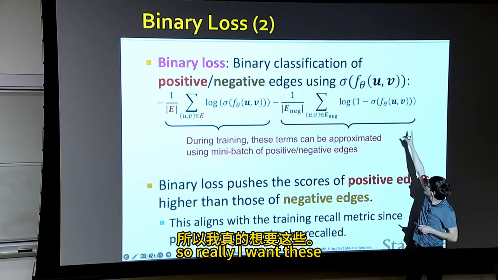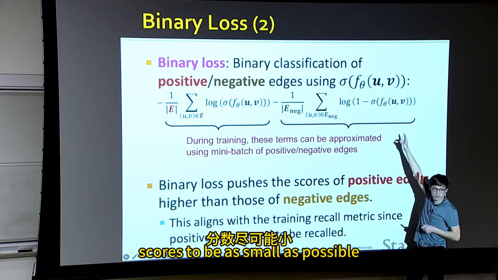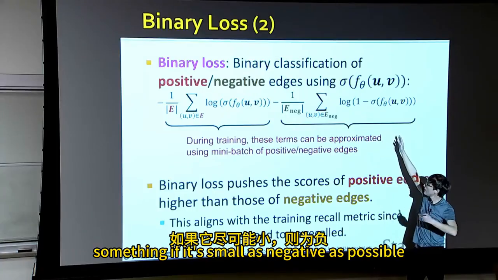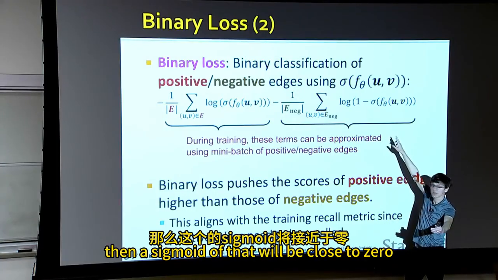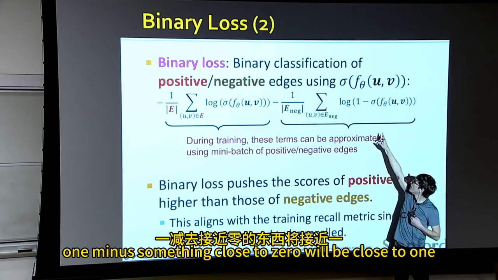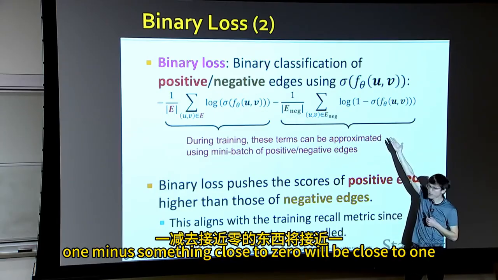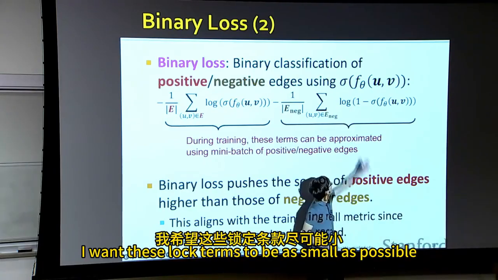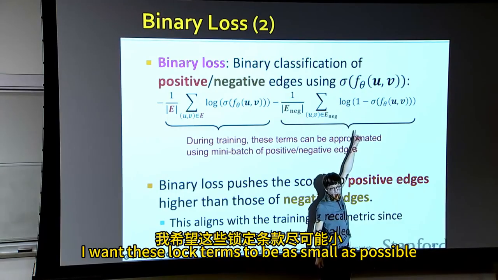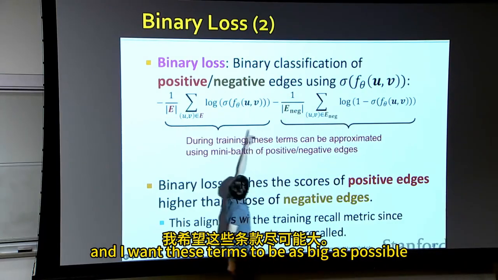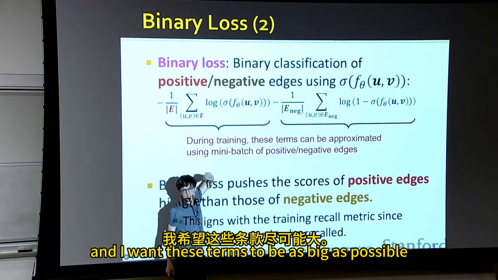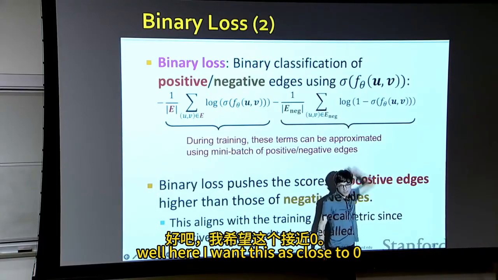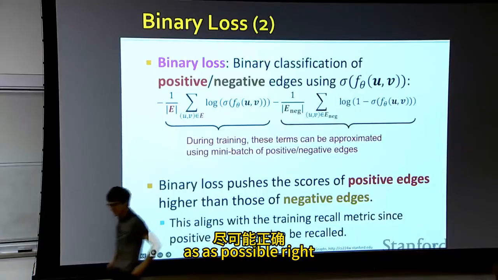So really, I want these scores to be as negative as possible, so that the sigmoid of that will be close to 0. 1 minus something close to 0 will be close to 1. Log of 1 is 0, right? So that's what I want. I want these log terms to be as big as possible, as close to 1 as possible, while here I want this as close to 0 as possible, right?